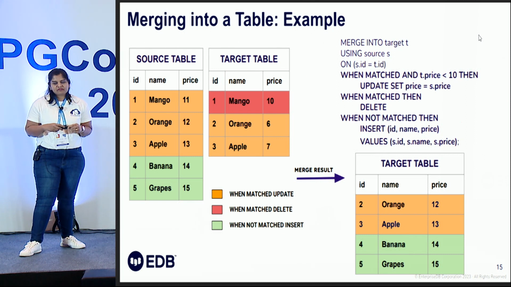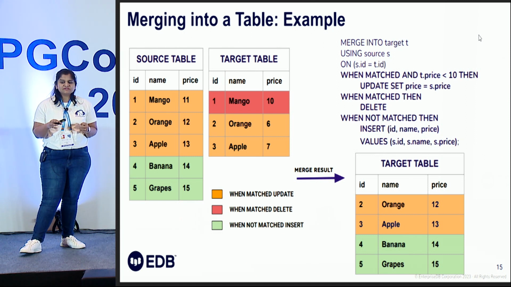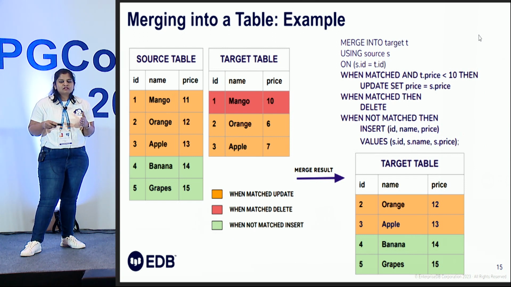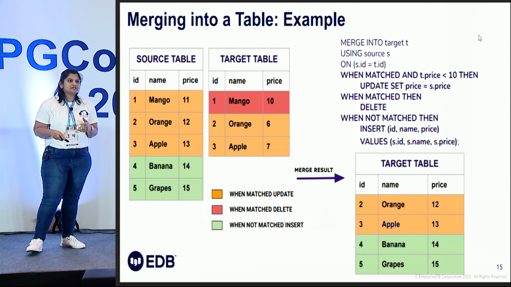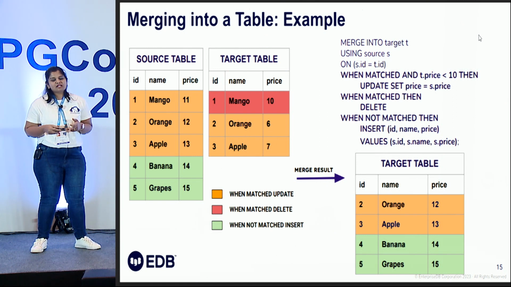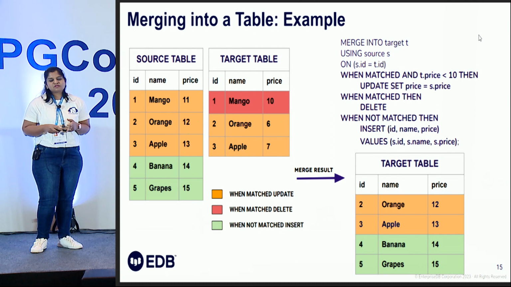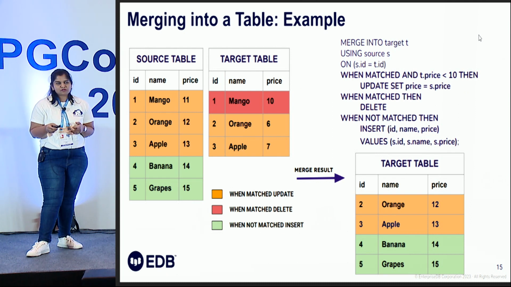The target price for the first row is 10, and since it does not pass this check, for the same record we check with the next when clause, that is when matched then delete. There is no additional AND clause, so this record gets deleted in the merge. Similarly, for the second record the price is 6, and 6 is less than 10, so this one gets updated.